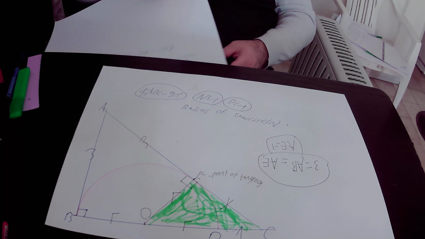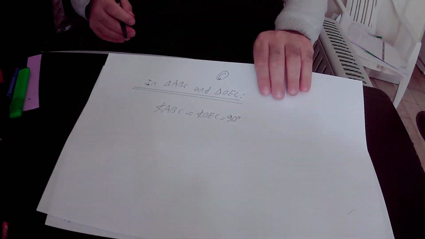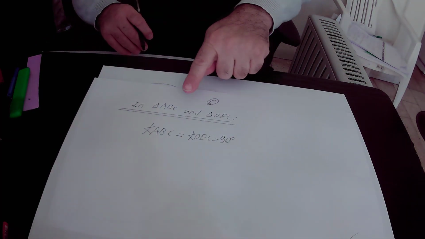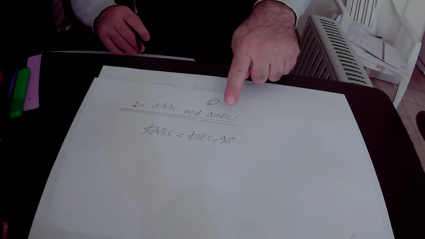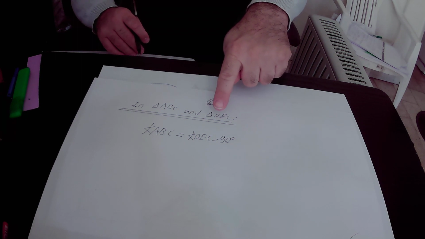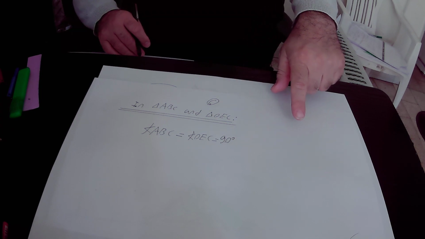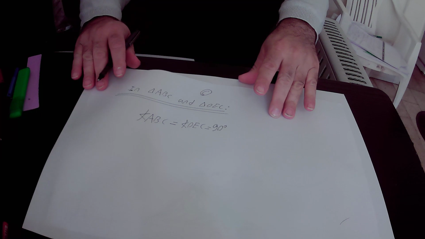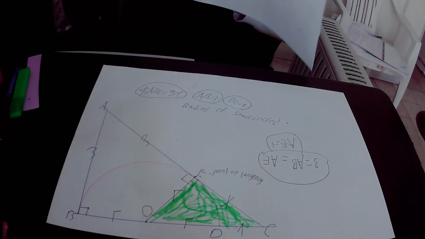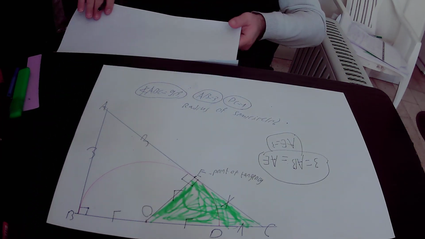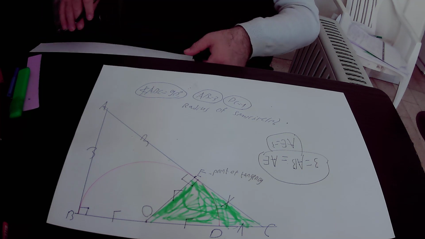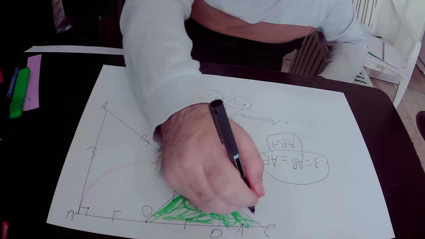Okay? So angle ABC in triangle ABC equals angle OEC in the green triangle, triangle OEC, and they are both equal to 90 degrees. Okay? And we actually have also here a common angle.